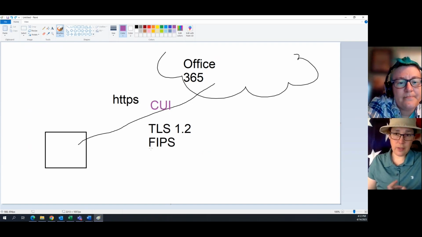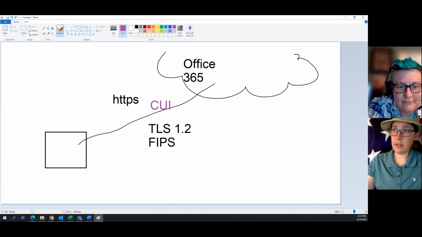So is it CUI? Yes. Does it need to be confidential? Yes. Are we using cryptography to protect it? Yes. Therefore, we need FIPS, and we got it.